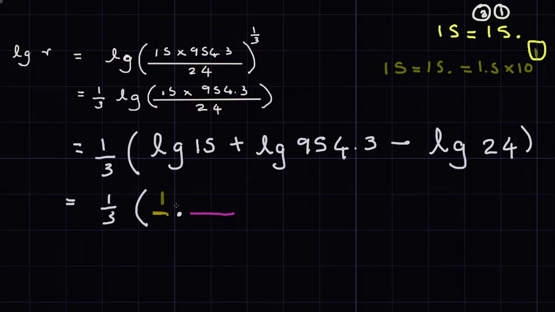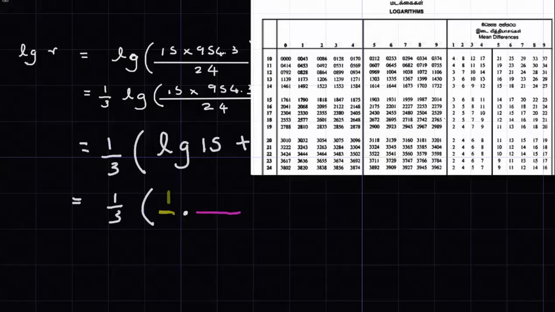How do you decide what's going to be the mantissa? For that, you'll have to use the log table. Let's see how to use it. All right, so here is the log table, so log 15. What does 15 mean? 15.0. So what you've got to do is check what's the number in the 15th row, 0th column.